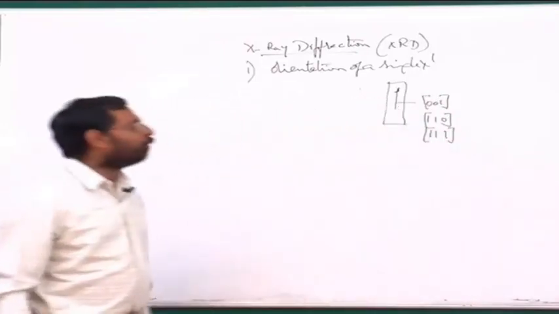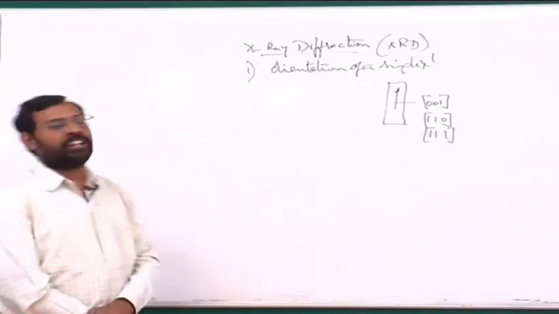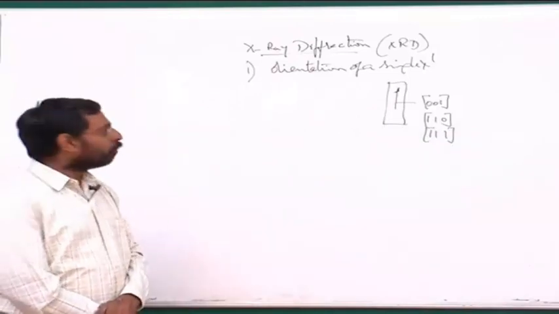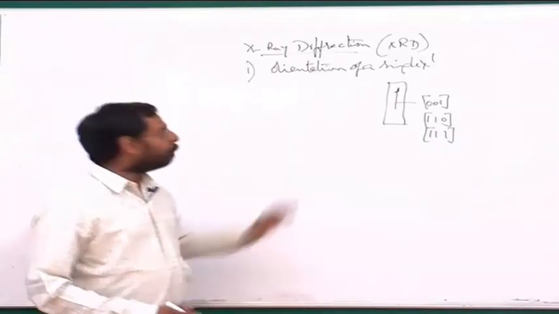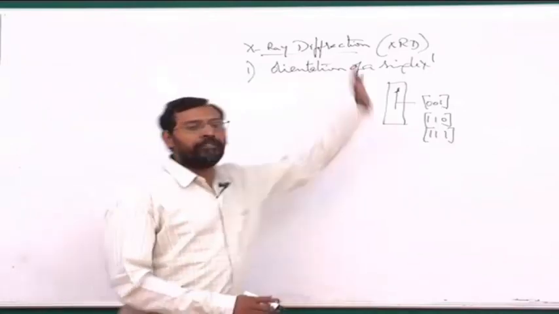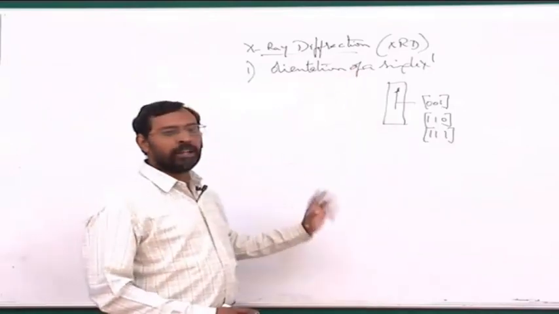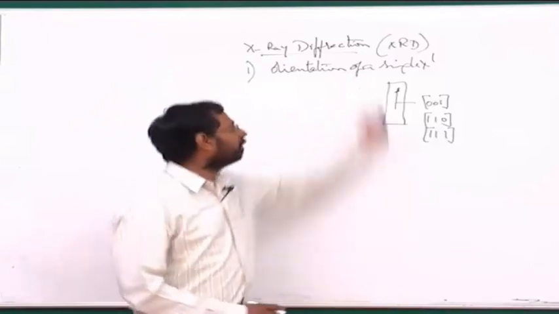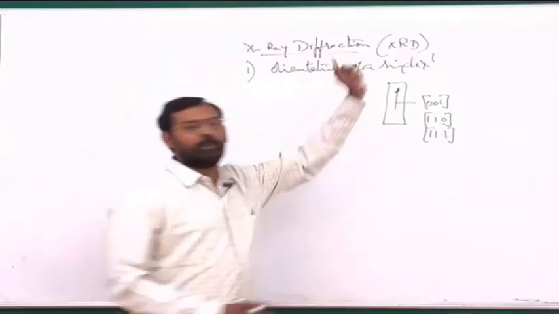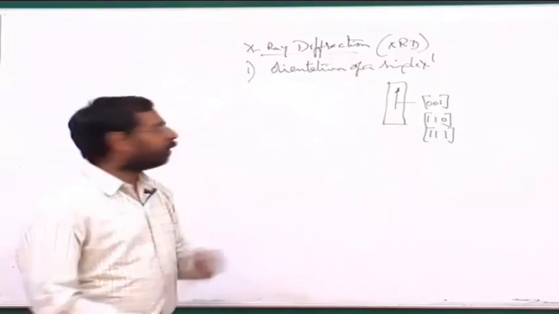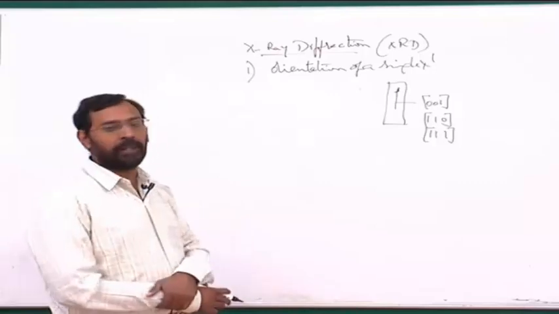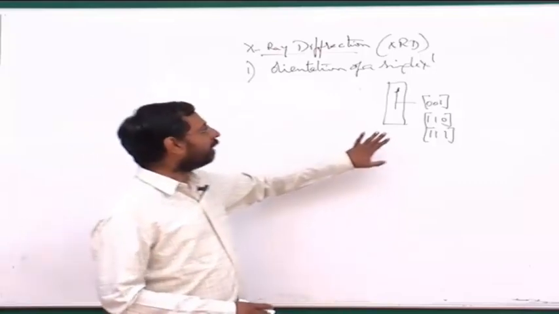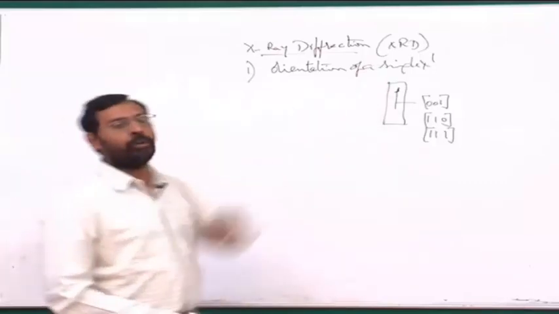If I want to know what is the axial direction of this, it is because many properties depend on various directions. As a result, people are interested to generate single crystals with a specific orientation so that they are useful for a particular application. So it is important for us to know what is the direction.